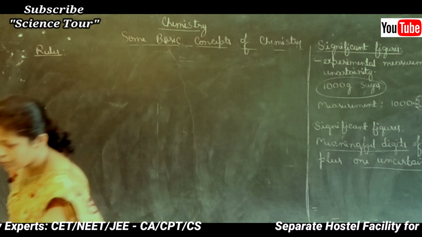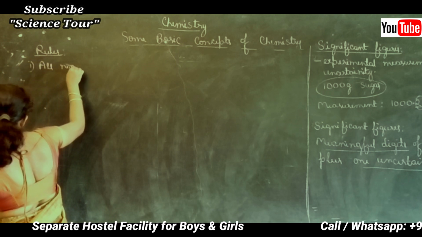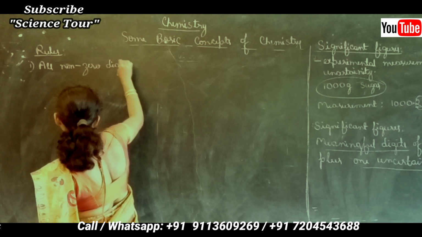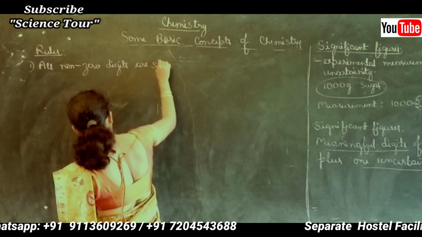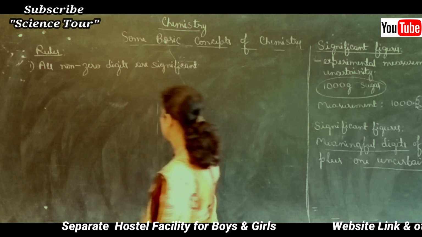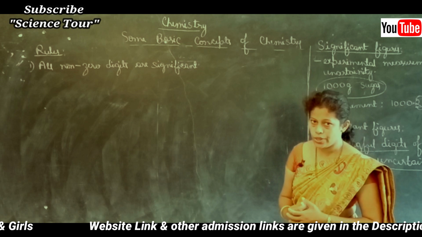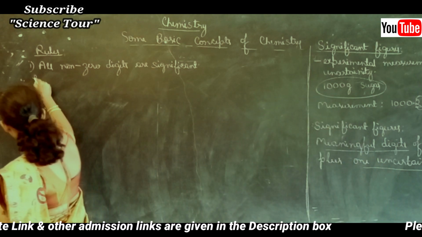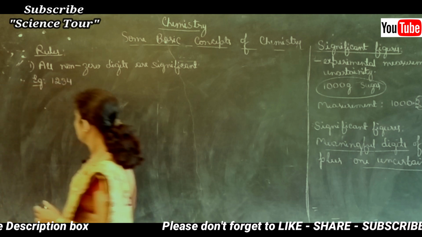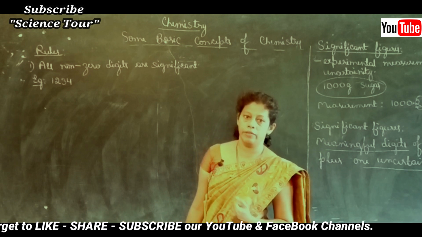First one is: all non-zero digits are significant. Leaving zeros, every non-zero digit is significant. Say for example, the value given is 1234. So this is one number given, one measurement given.